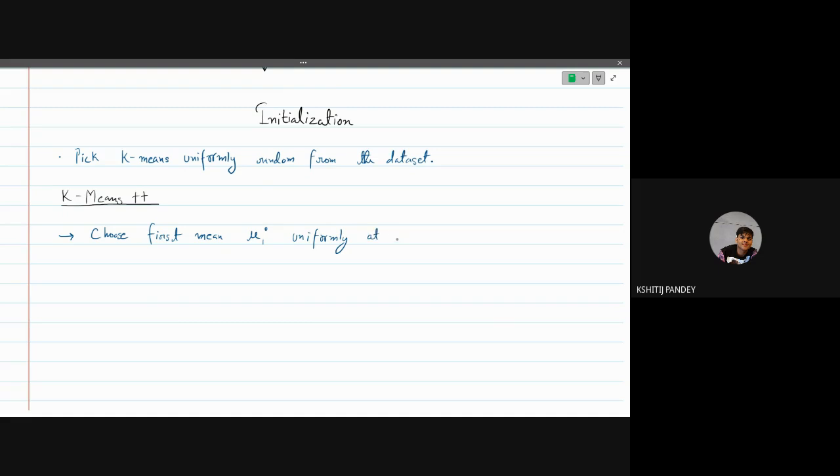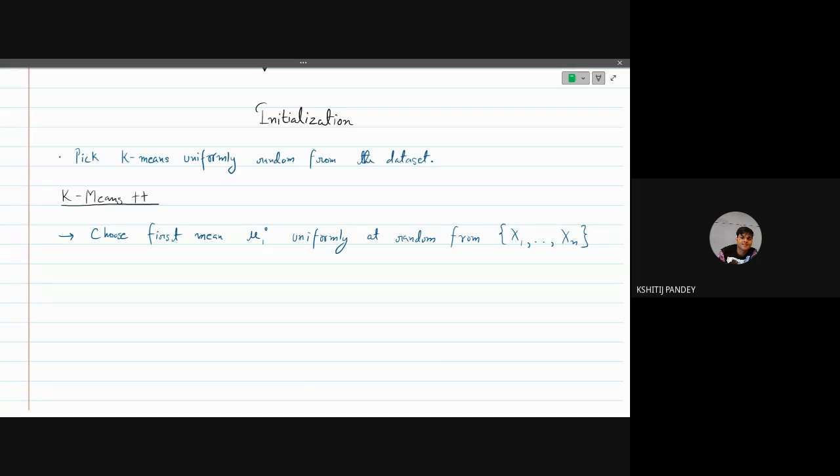You have a set of data points x1 to xn, you select any point from them and make it mu1. After this, for the rest of the points, you will use a probabilistic way.